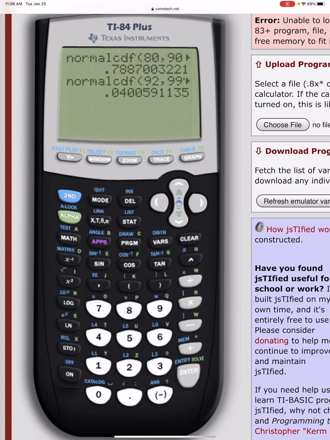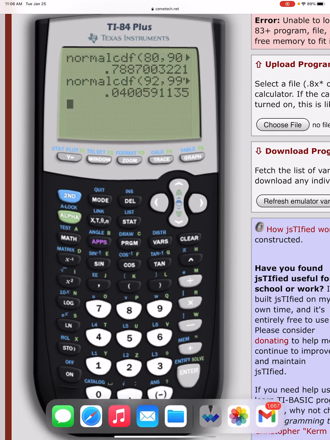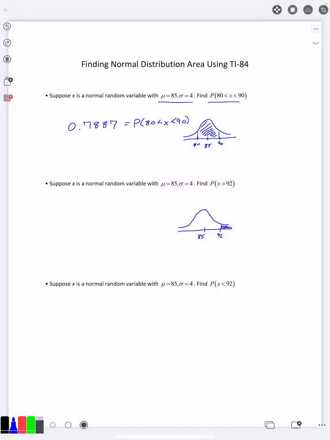And this time we get 0.04, so that's basically 4%. And that would be the probability that we're looking for here. So whenever you're trying to go all the way out to one side, you should be putting something like infinity in there. Since there's not actually an infinity key, just pick some large number and you're fine.